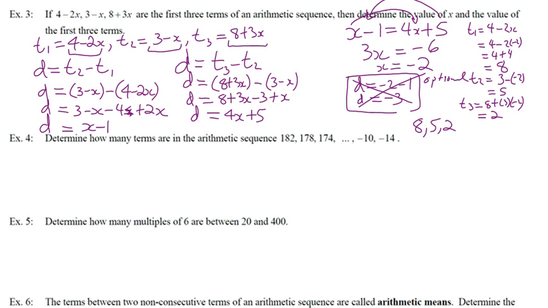And I could calculate the d, so then I can see not only do they form the arithmetic sequence, but they form the sequence I thought they should form. As opposed to working out t1 and then just using d. So really, we could have worked out the 8, and knowing d was -3, just going 8, 5, 2. But I think it's a little better to do it this way with the x, and then you can cross-verify that this is really true. The d is -3. So, yeah, it all works out nice.